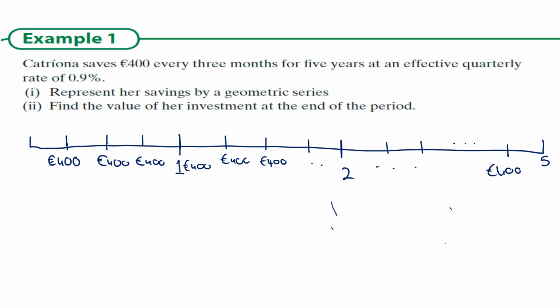Now, unfortunately, it's not as simple as just adding those together. Every 3 months for 5 years is effectively quarterly, so we have 5 by 4, which is 20 payments. Do I just have 400 by 20?